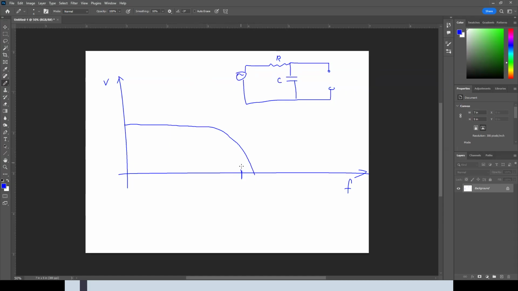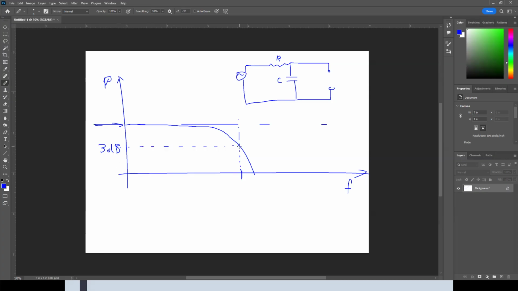So at this point, if you draw a line here and draw a line here, if it's power, then we're looking at 3 decibels with reference to this point right here.